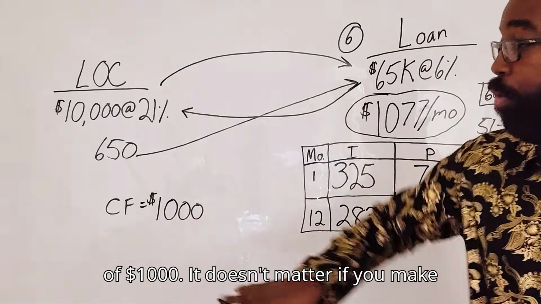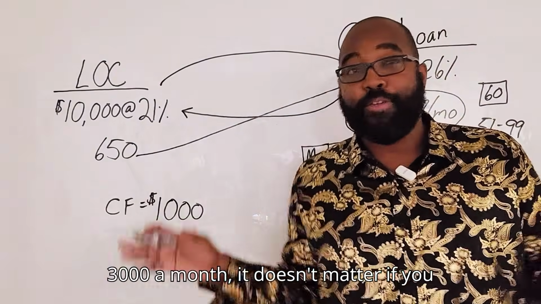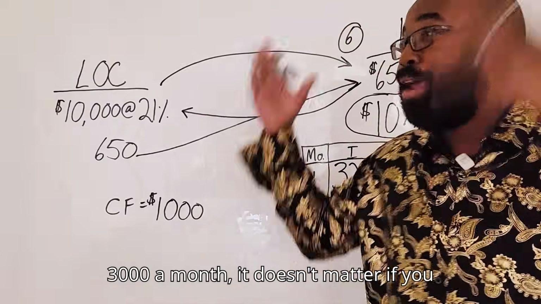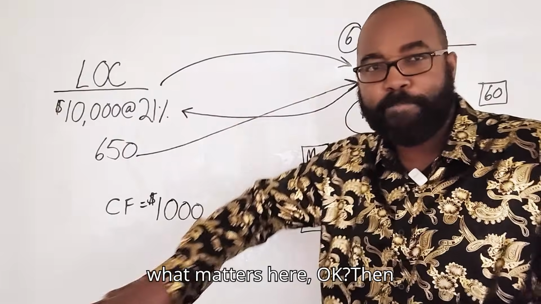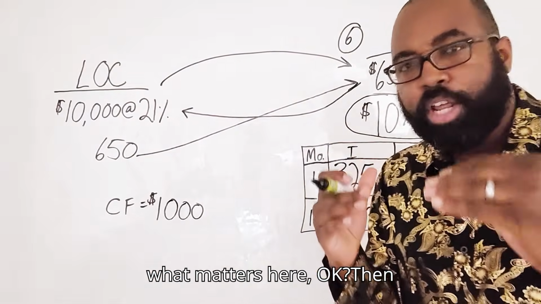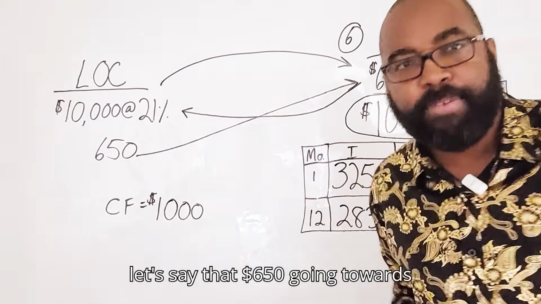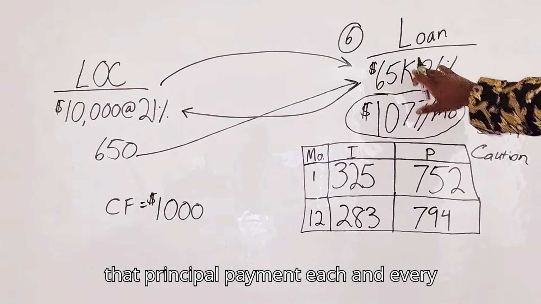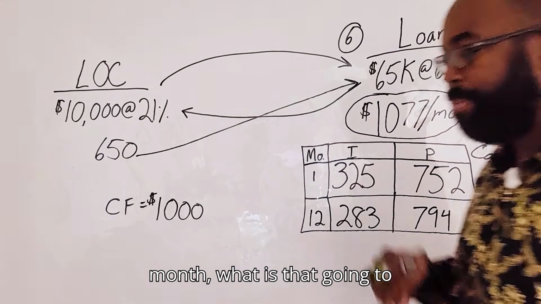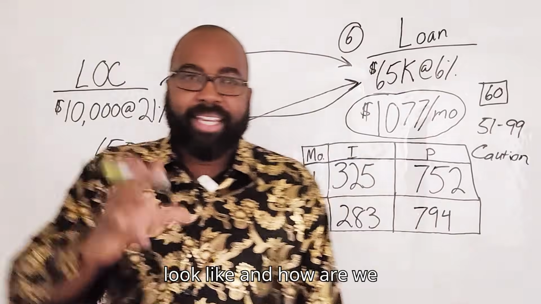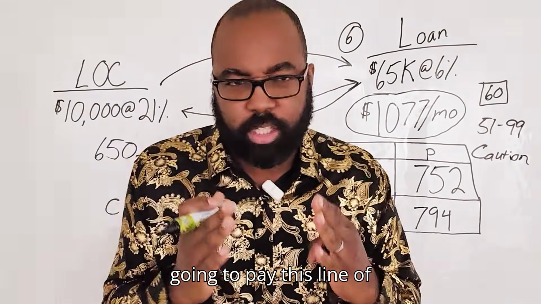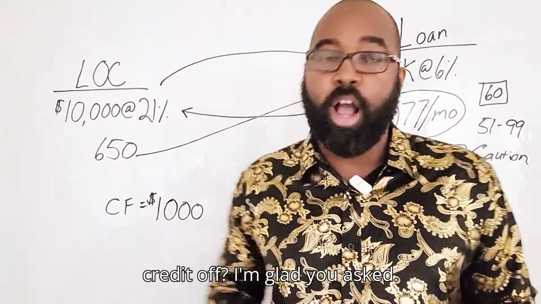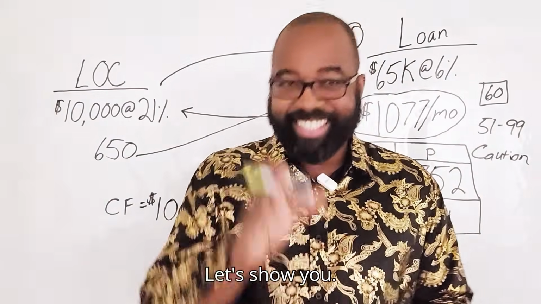So you've got a cash flow of $1,000. It doesn't matter if you make $3,000 a month. It doesn't matter if you make $10,000 a month. The cash flow is what matters here. Then let's say that's $650 going towards that principal payment each and every month. What is that going to look like? And how are we going to pay this line of credit off? I'm glad you asked. Let's show you.